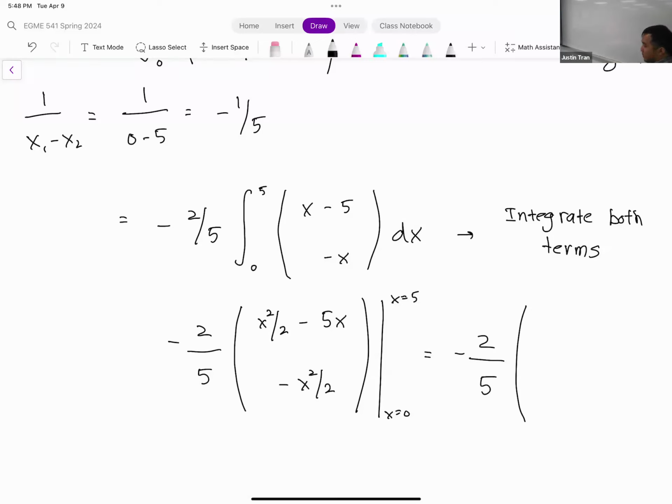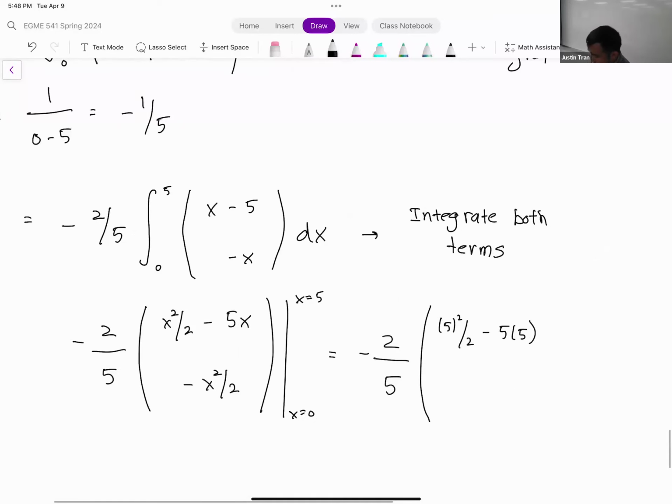Okay, so let's go ahead and plug in for this. We're going to evaluate everything at x is equal to 5 first. So if we evaluate the first term in the vector, that's 5 squared divided by 2 minus 5 times 5. And then we have minus, we're going to evaluate everything at x is equal to 0.